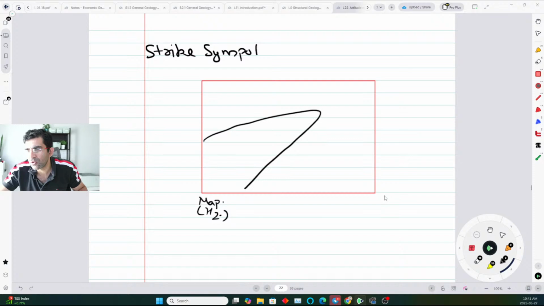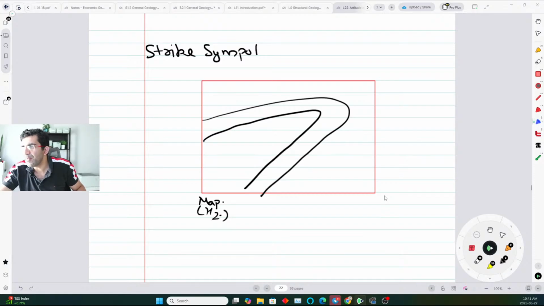You have a fold outcrop, and typically you will say dip and strike symbol for each of these limbs. So you will say like this, and maybe this one is dipping the other way. It's kind of like an antiform. And you will see numbers written here, 60 degrees, 60 degrees. And this is a north arrow.